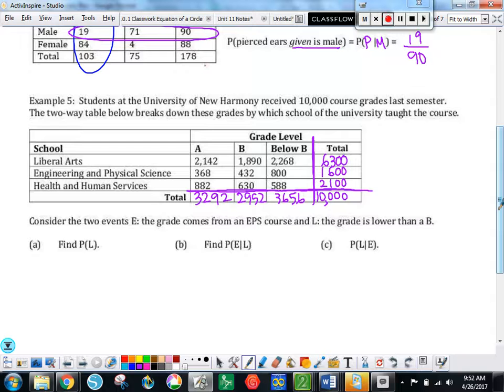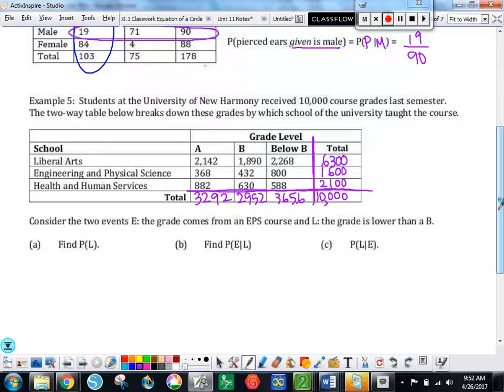They received 10,000 course grades last semester. The table below breaks down these grades by which school. So in a college you have college, and then they're broken up by different schools. Like I graduated from the College of Science because I'm a science major. But they have a liberal arts school and engineering. That's where my husband graduated from, and then so on.